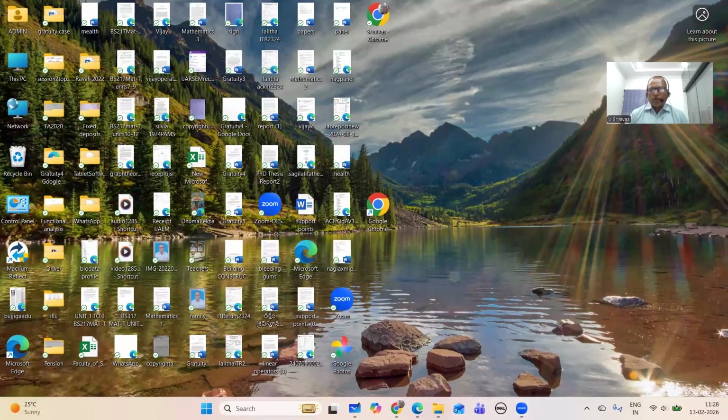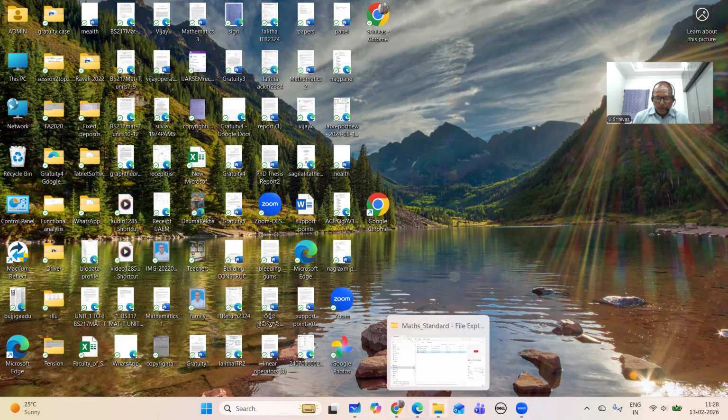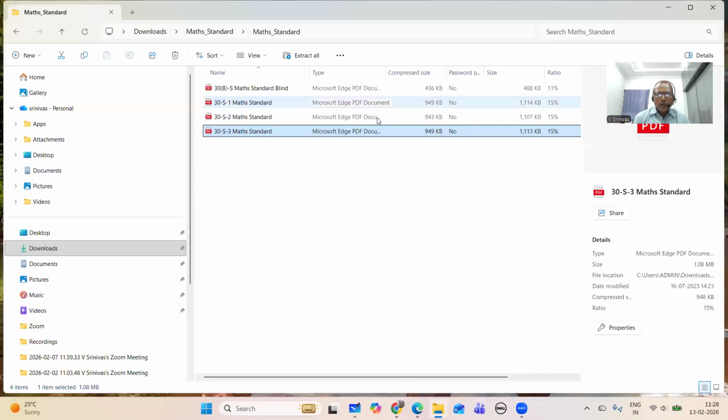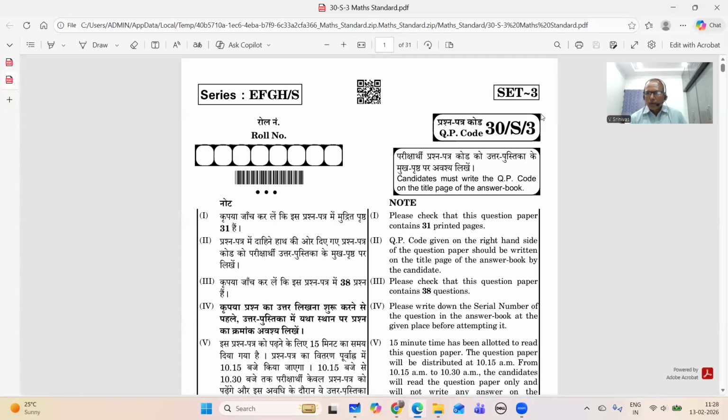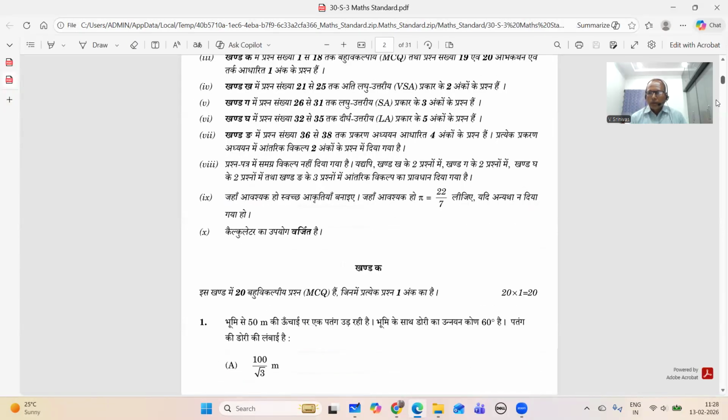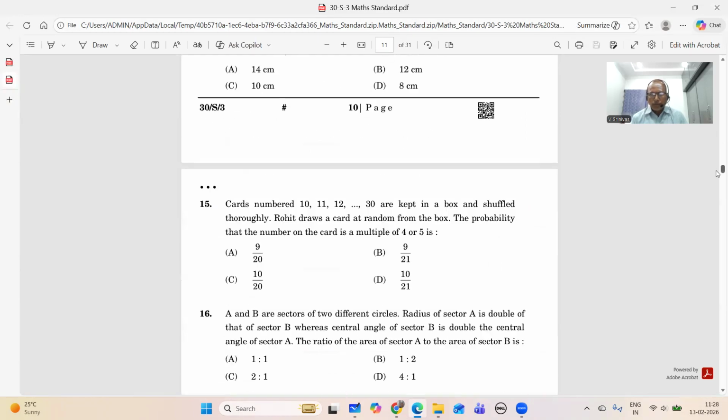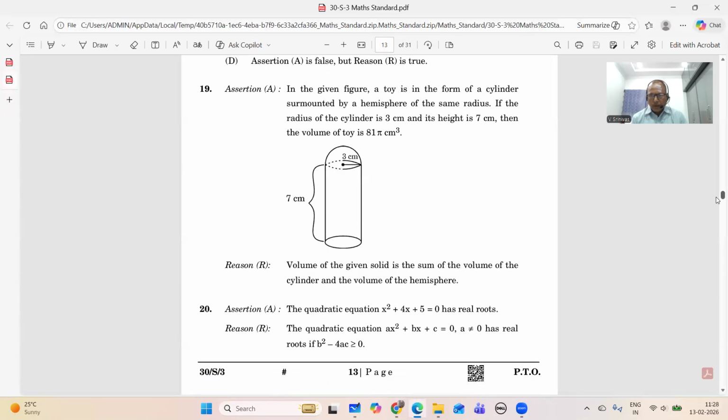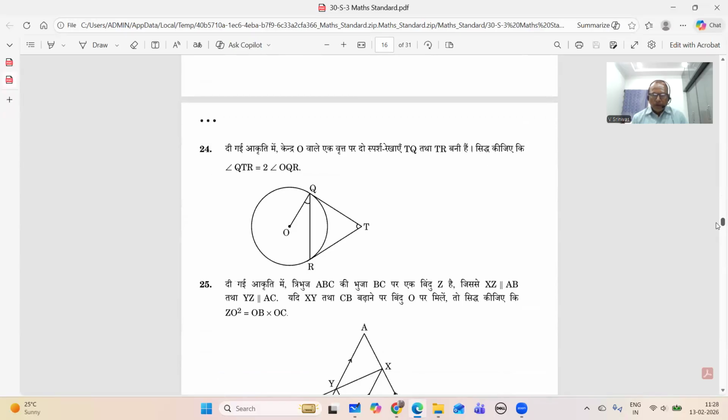Today, I want to solve some questions from last year's test paper of CBSE Standard Mathematics. I'll start with question 32A. Last time I have solved 31.